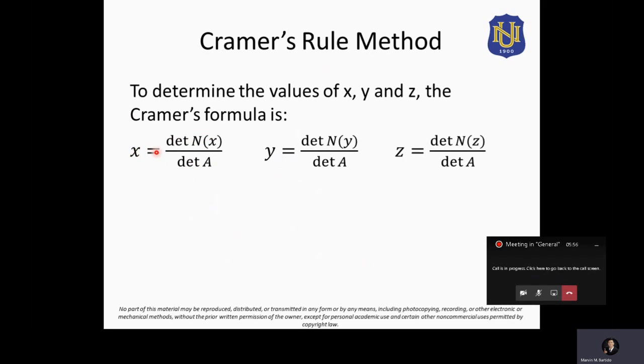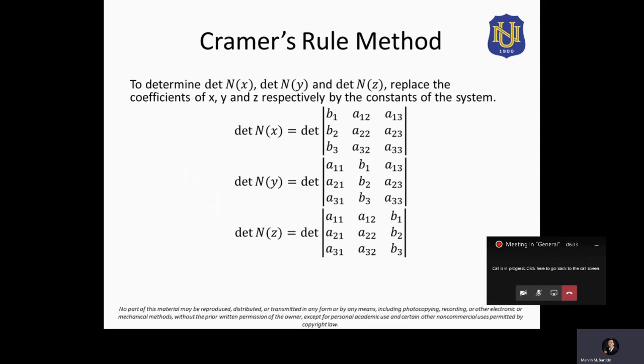For x, this is equal to the determinant of N of x over determinant A, wherein I will discuss the determinant of N of x on our next slide. And y is equal to determinant of N of y over determinant A. z is determinant N of z over determinant of A, wherein A is the coefficient matrix. So you're going to solve for the determinant of your coefficient matrix.